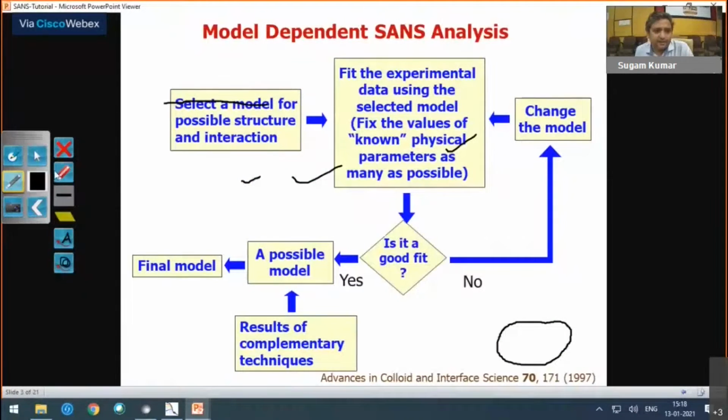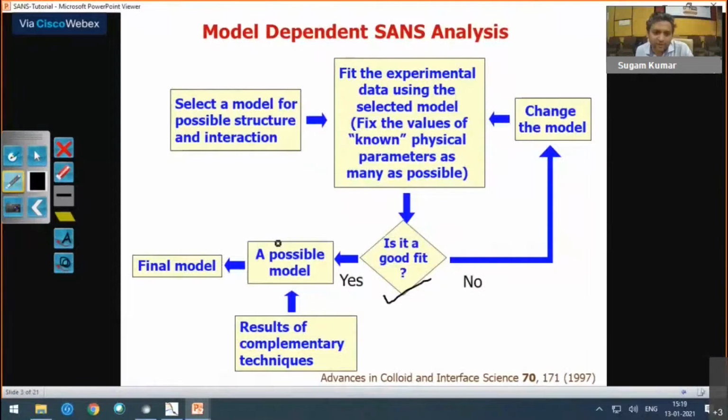And in case of model dependent SANS analysis, one has to select a model. As I said, select a model, collect the data, then produce a theoretical scattering curve, try to match this theoretical scattering curve with the experimental curve, and see if the two match. If the two match, so far so good.